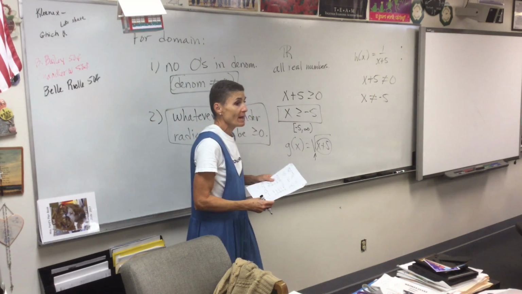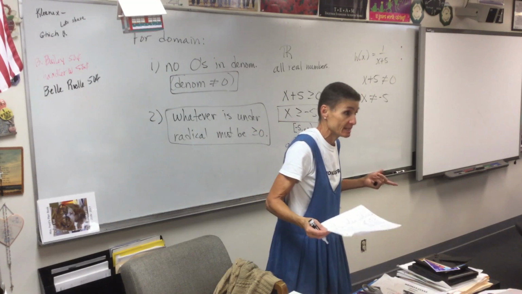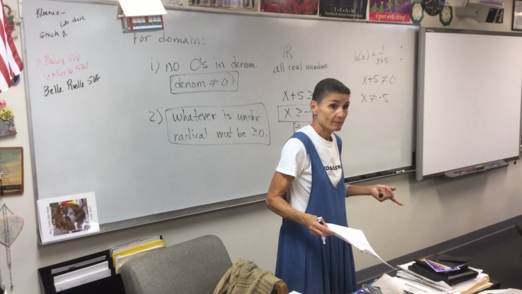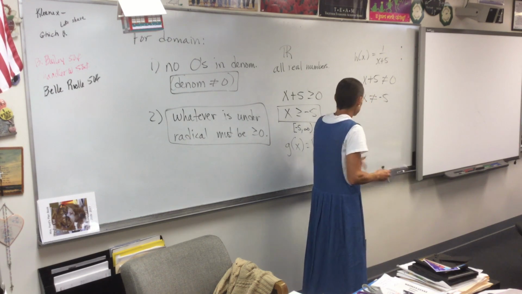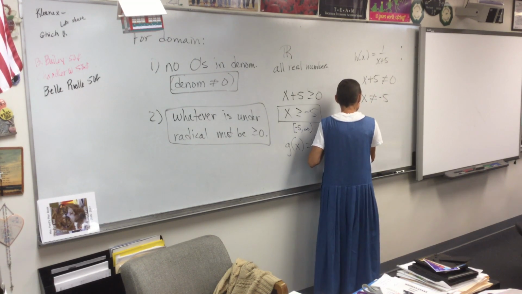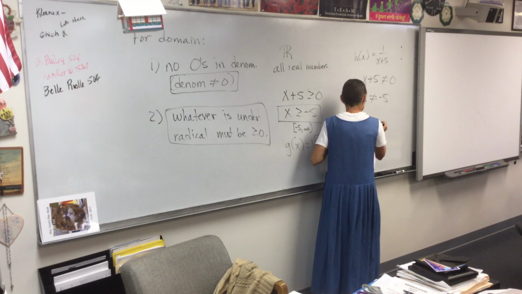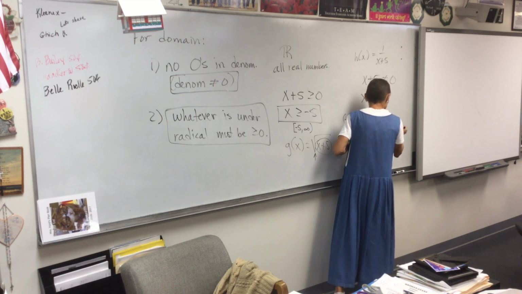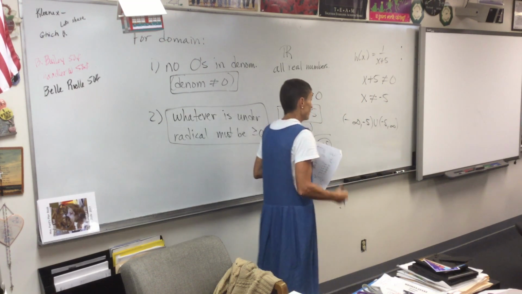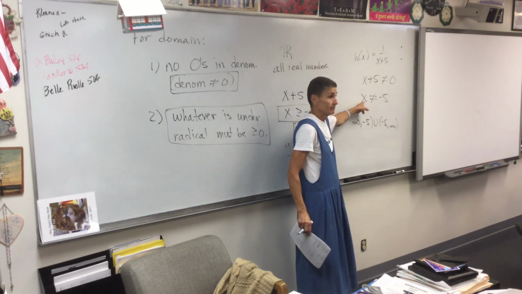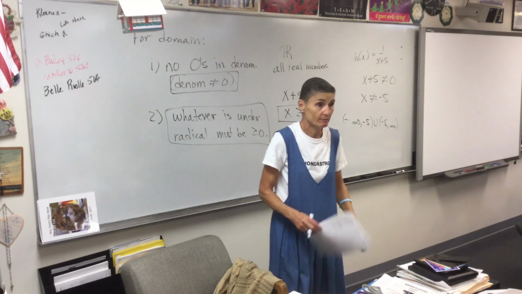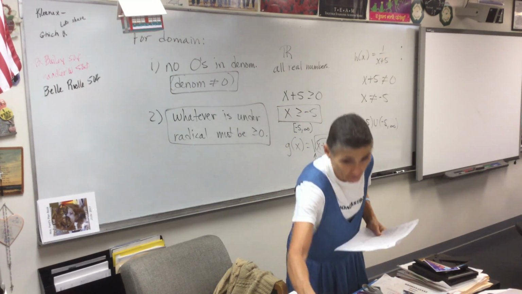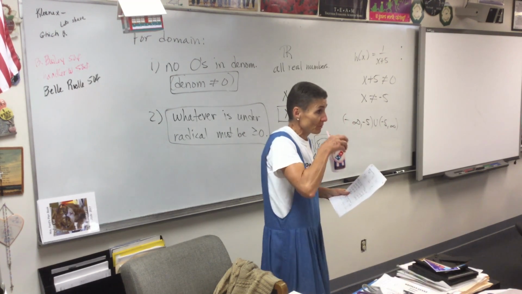So what is your domain then? Everything except -5. You may write it this way, or if you're feeling particularly mathematical, you can write it this way. But this is perfectly fine with me. That tells me I can have everything except -5. We all right with that?